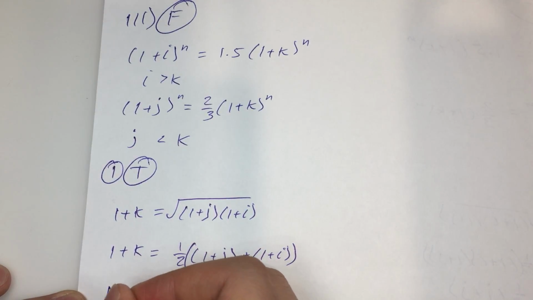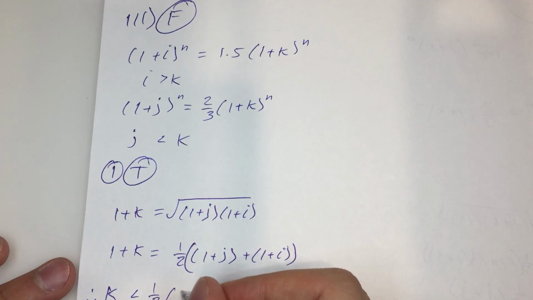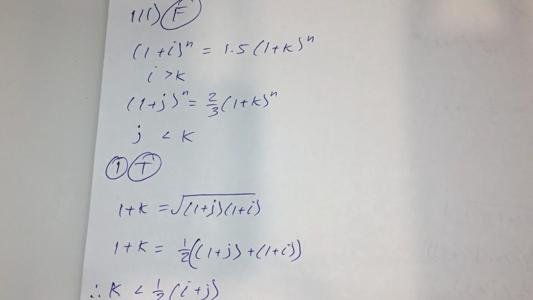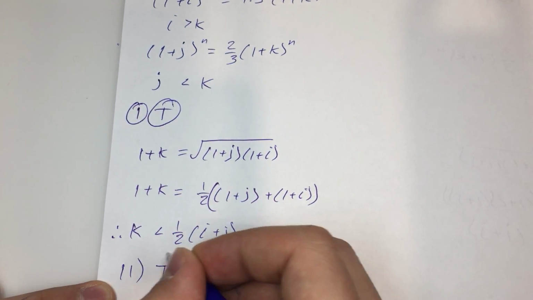So because we know that, this simply tells us that k is actually smaller than the arithmetic mean of I and j. Therefore, proving number 2 to be true.